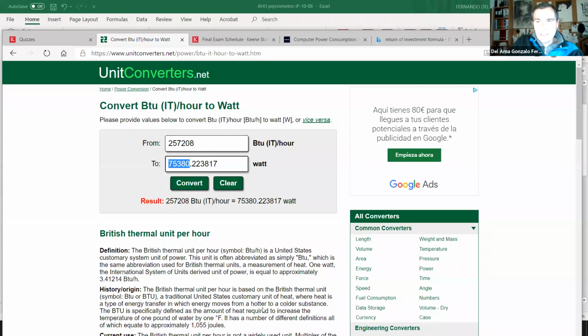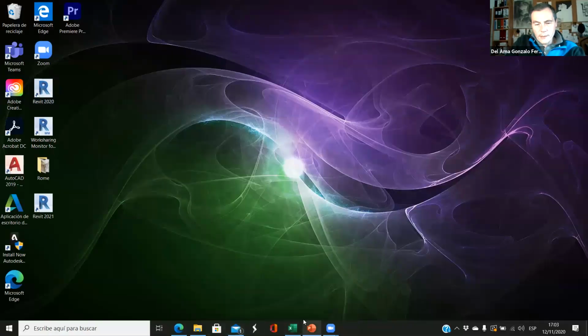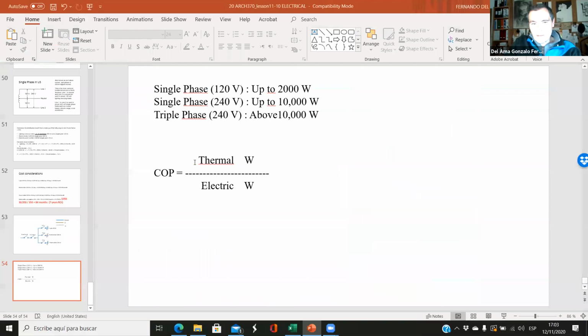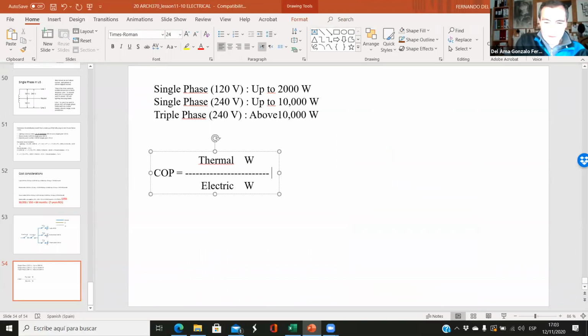Now we have to deal with the COP. The COP, the coefficient of performance, is the parameter that turns thermal energy into electric energy. So if our thermal energy was, we have just calculated, 75,380 watts.